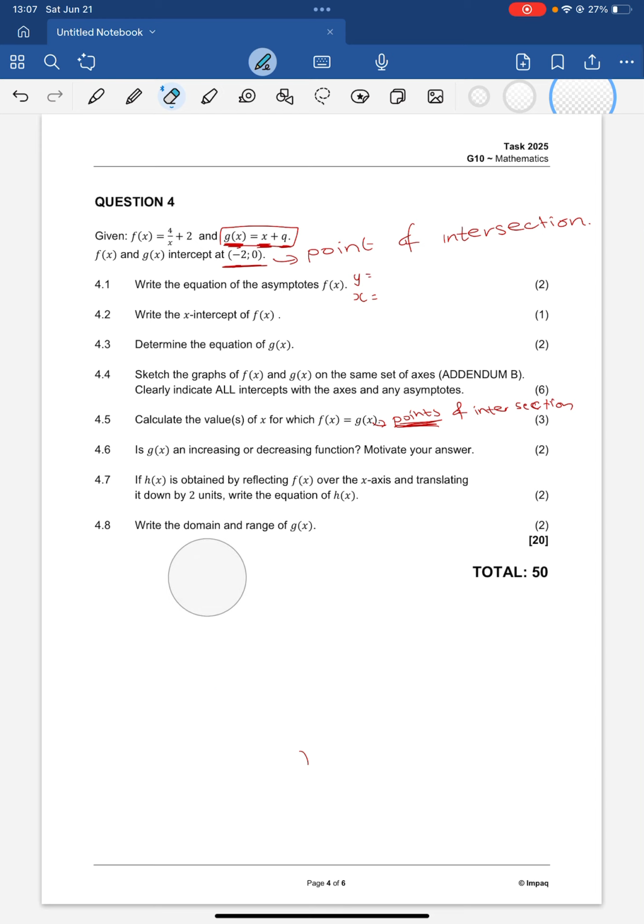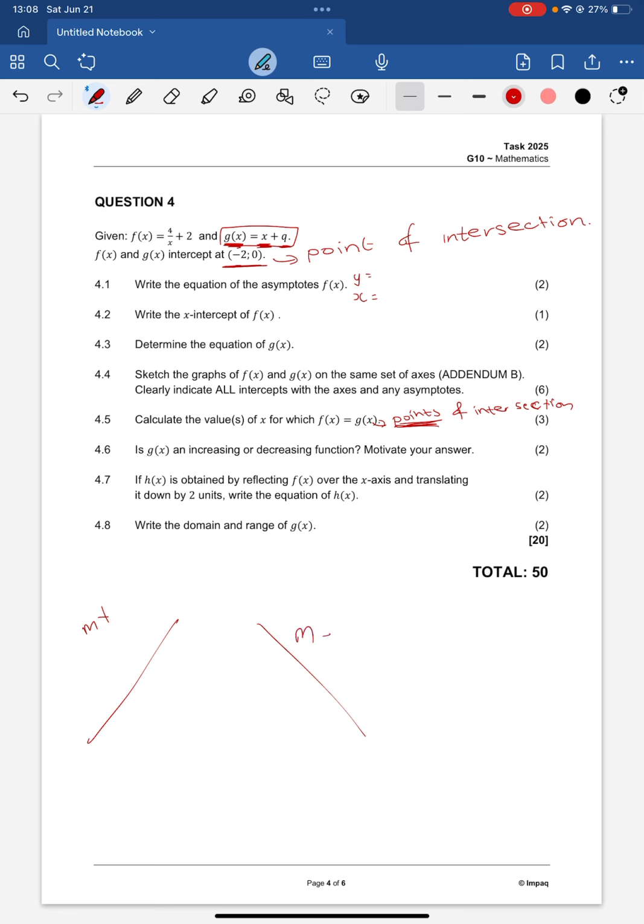Then, is g of x an increasing or a decreasing function, and motivate your answer. It's a straight line. Increasing looks like this, decreasing looks like this. That means this one has a positive gradient, this one has a negative gradient. But by the time you reach this question, you should have already sketched the functions, so you must know if the graph is increasing or decreasing.